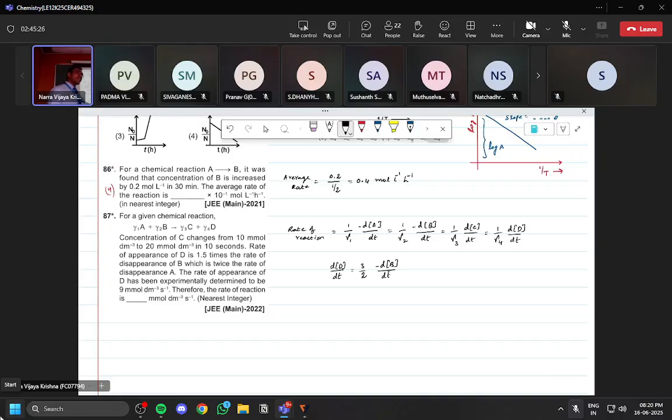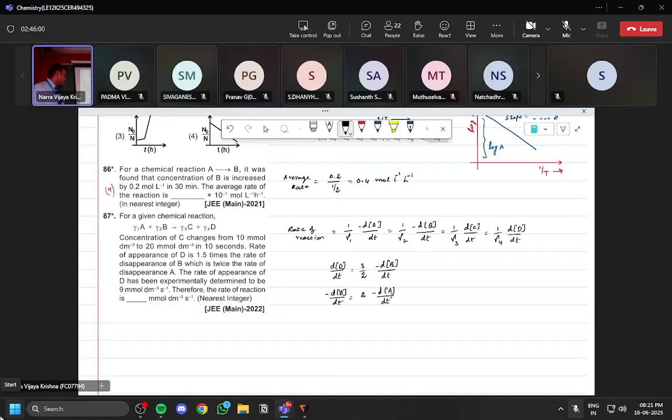Which is twice the rate of disappearance of A. Here they are talking about B, so minus dB by dt is equal to 2 times minus dA by dt.